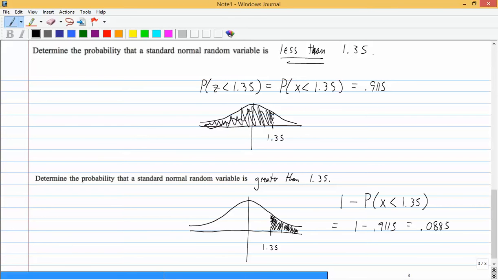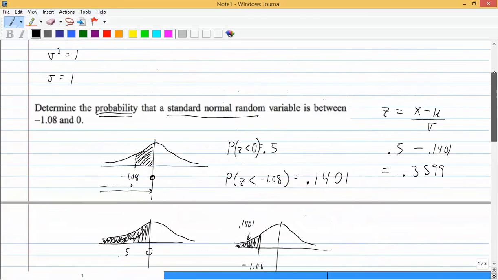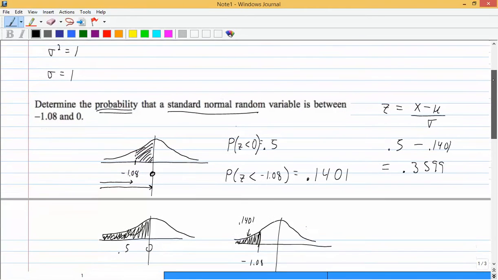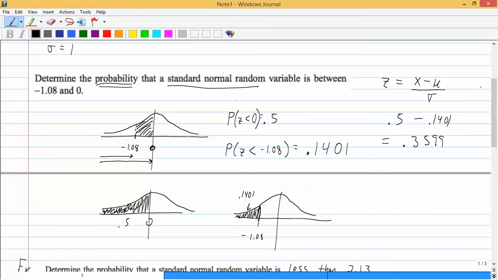If you need the area between the two, like the first problem that I worked out, probably not the best way to start out, but if you need the area between the two, find the area of the one furthest to the right, and then subtract the area of the one furthest to the left. That will give you the area between the two.